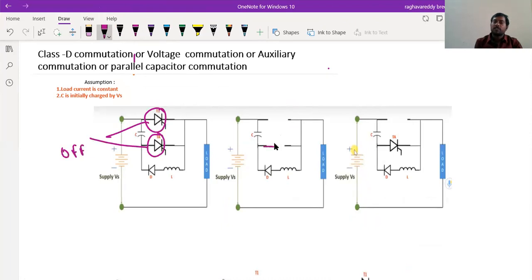When the auxiliary thyristor TA is turned on with the gate supply, the capacitor is charged from the supply in this path through the load, with these terminals positive and negative.